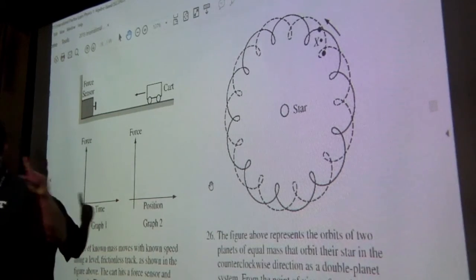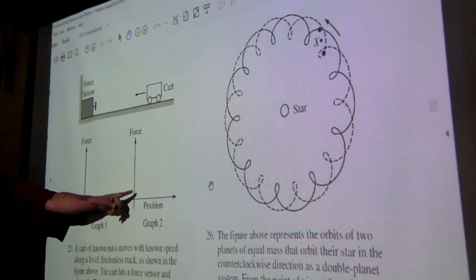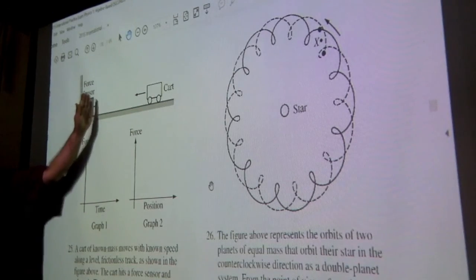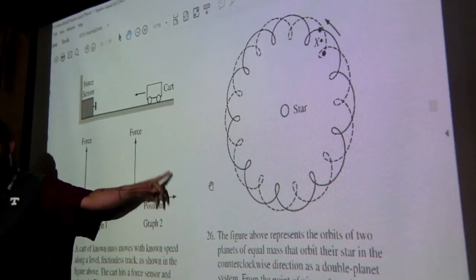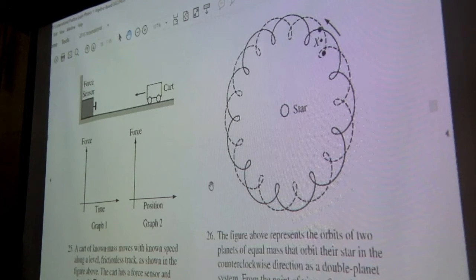What about this graph? This is a force-position graph. The position is going to be negative and positive, so it's going to be like this. What is the area of the force-displacement graph? Work. F times d.